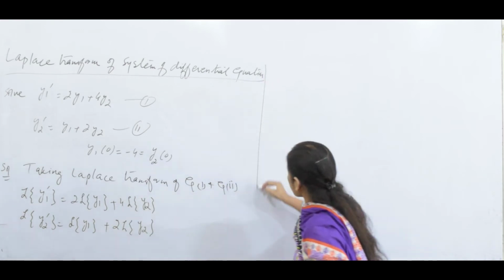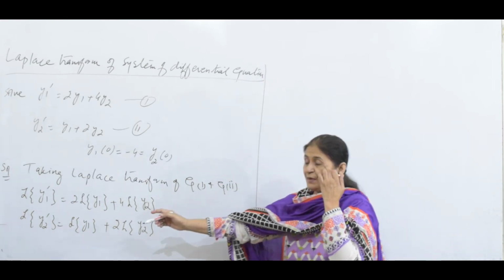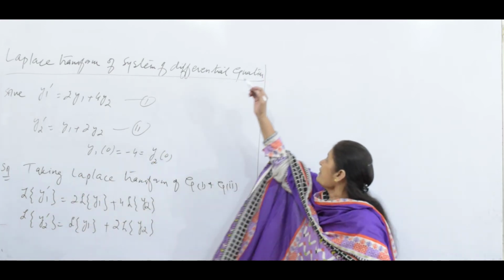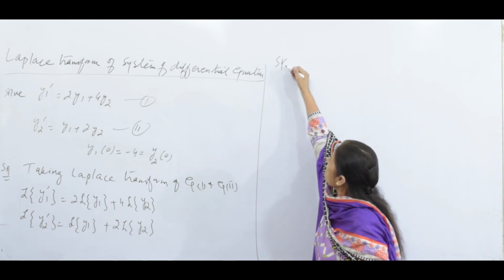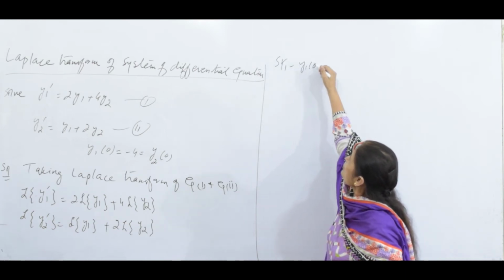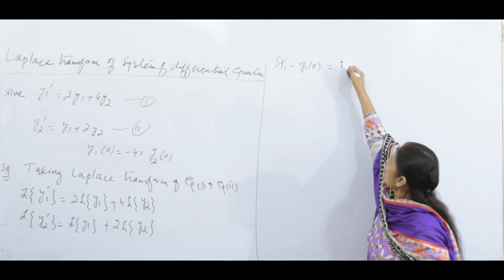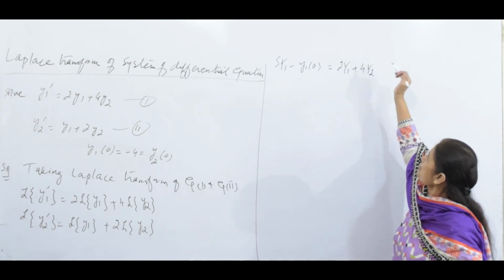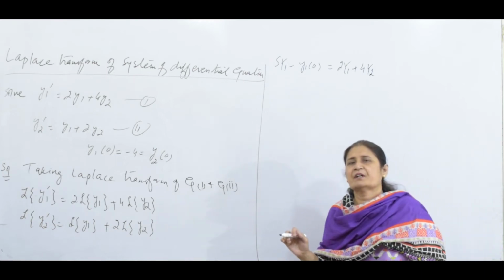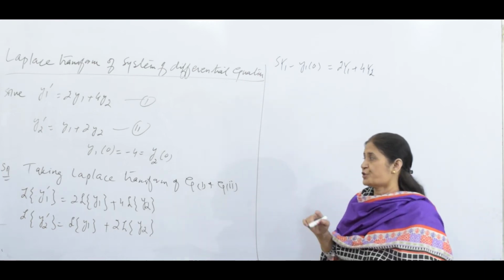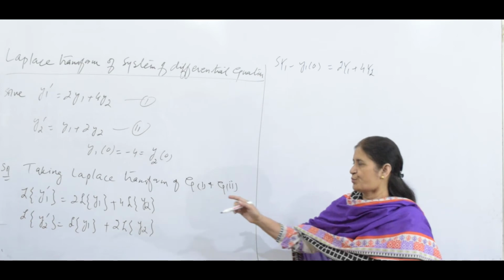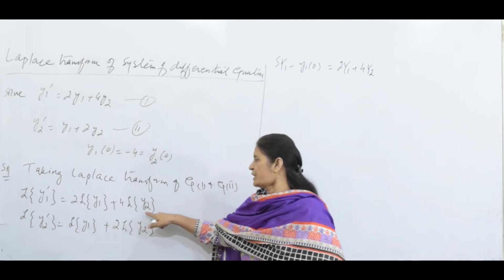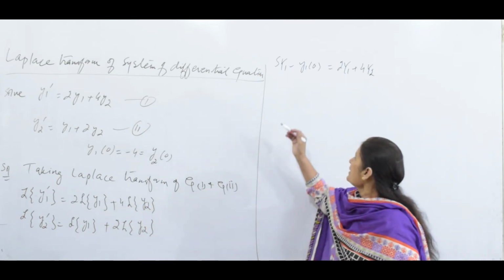So this is Laplace transform of the first derivative, and we know that this is sY1 minus y1(0) is equal to 2 capital Y1 plus 4 capital Y2. Capital Y1 and capital Y2 are functions of s. Small y1 and small y2 are functions of t.